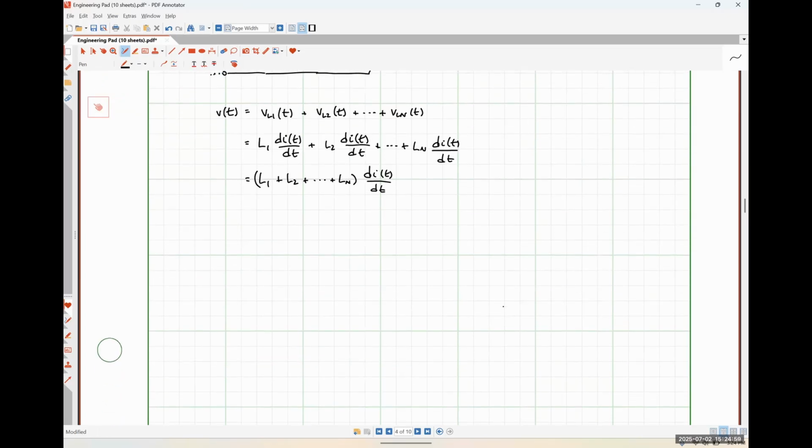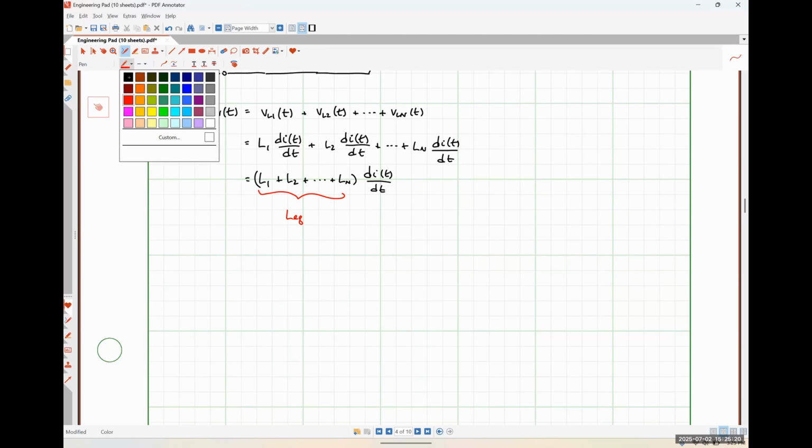And from here, we can essentially say that this is just the equivalent inductance, right? So essentially, whenever we see inductors in series, they simply add together just like resistors. So I'm going to write that part down.